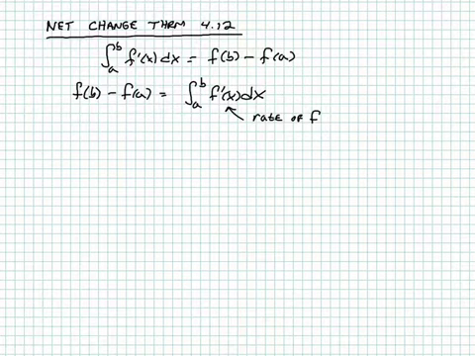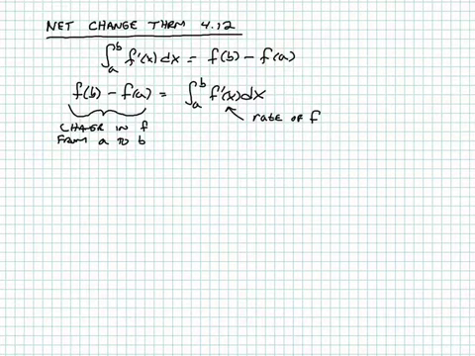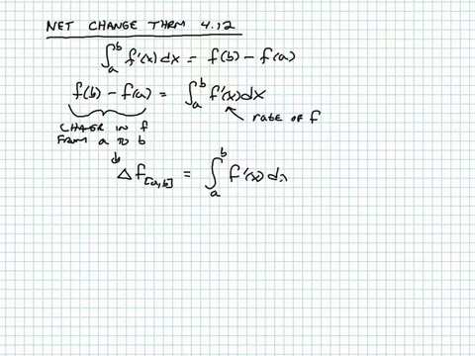And over on the left-hand side, this f of b minus f of a is going to be the change in f from a to b. And so I can rewrite this as the change in f from a to b is going to be equal to the definite integral from a to b of the rate of f dx.